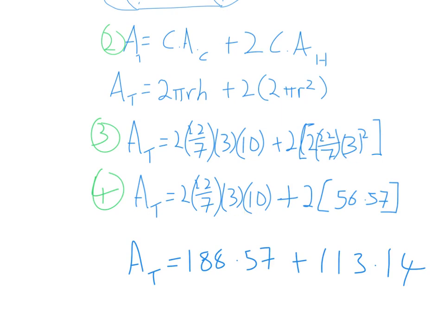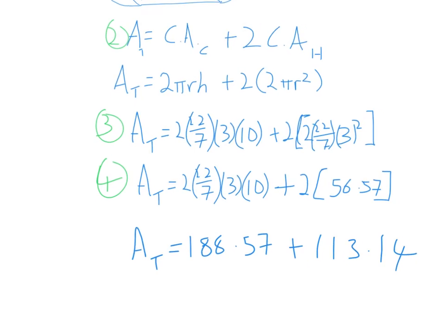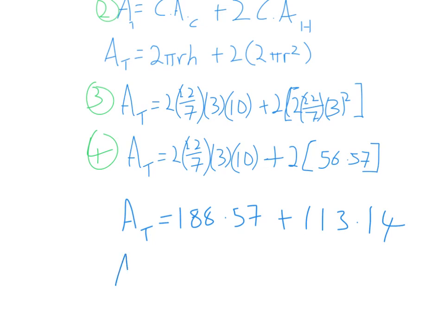So when we multiply each of these terms out, on the left hand side we get 188.57. And this is the curved surface area of the cylinder. On the right hand side we get 113.14, which is the area of our two hemispheres, at least the outside curved area. And to get the final area all together, we're just going to add these two together.